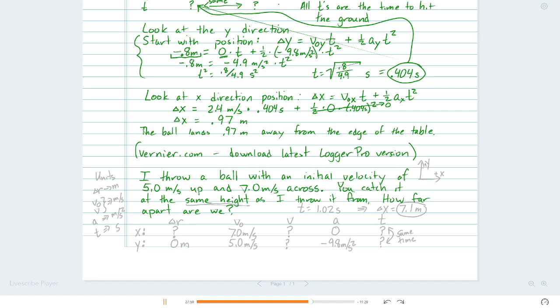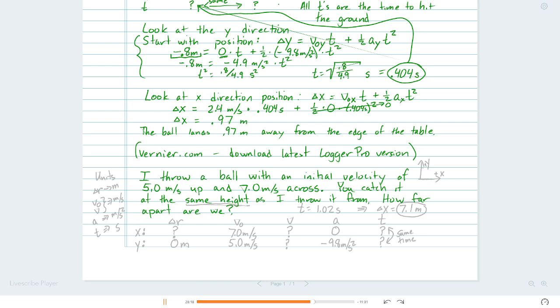Now the ball starts out with an initial velocity in each direction. We're still looking for how far it goes. How far it goes is how far apart we are. But we have two velocity components in the beginning, so we're just adding one extra little piece in here.